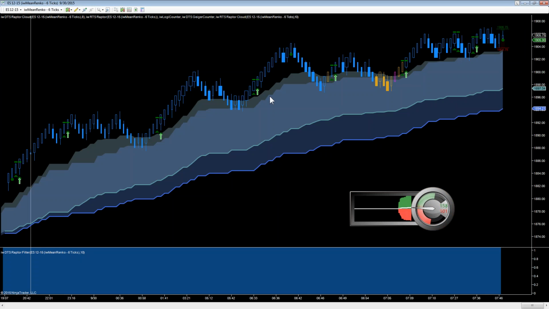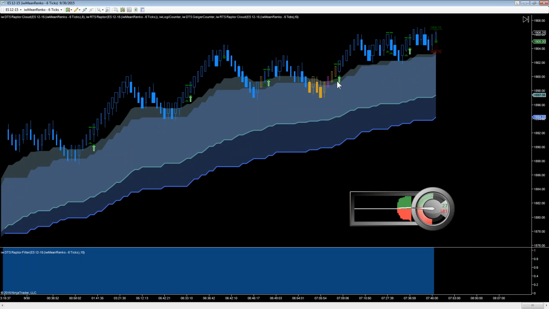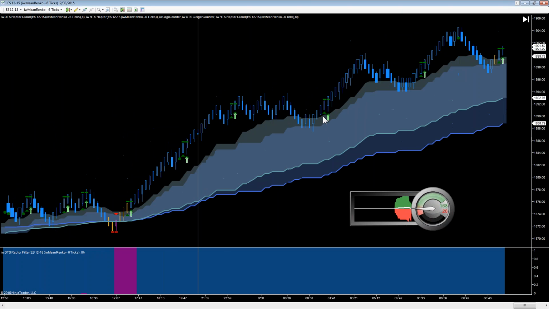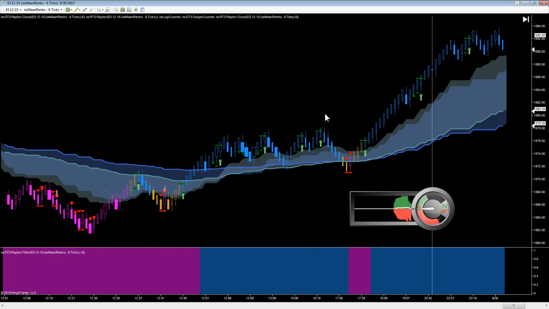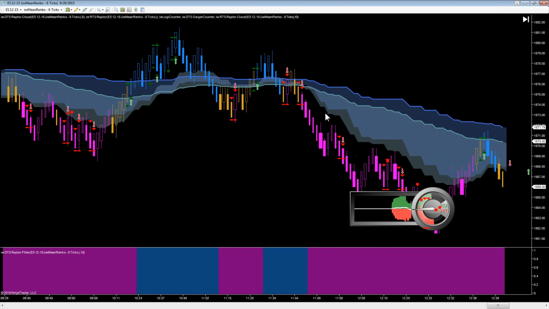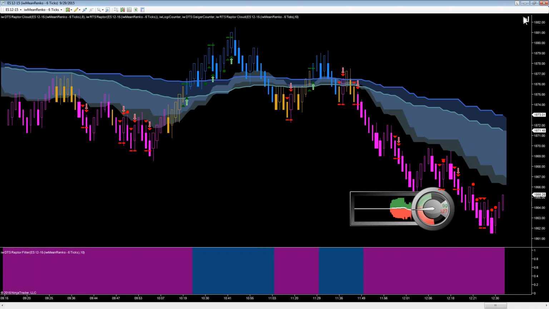Okay, here on the Raptor. So here we had the open. I'm surprised we only had the one bounce. I thought for sure we would have a double pullback in here somewhere. See what the E-mini did yesterday. Yeah, yesterday was a little bit more active here with the E-mini. Today it's just been a smooth trend.